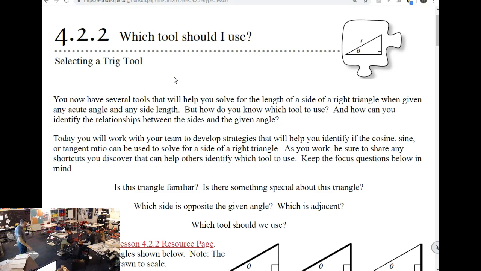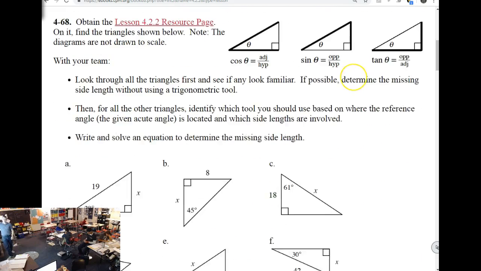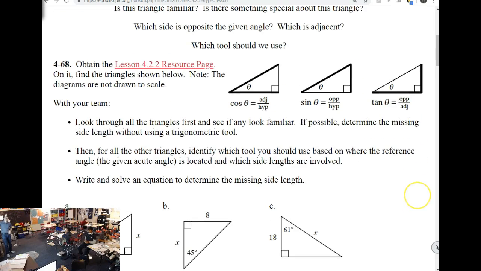Okay. Trig. Right? We all love it. Now we get to practice it. On your worksheet that you have sitting in front of you, we have these different triangle problems down here. Now you have your SOHCAHTOA reminder up here.